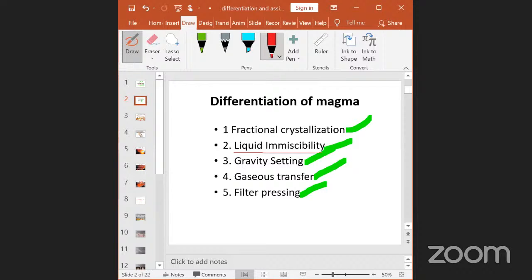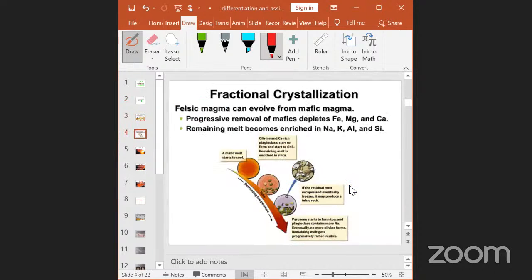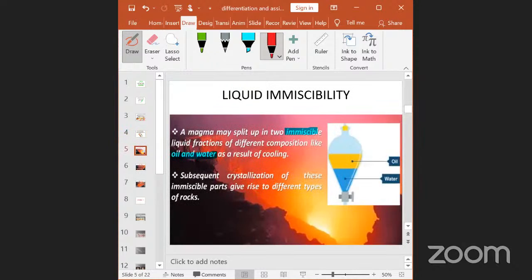A magma may split up into two immiscible liquid fractions of different compositions, like oil and water, as a result of cooling. Subsequent crystallization of these immiscible parts gives rise to different types of rocks.